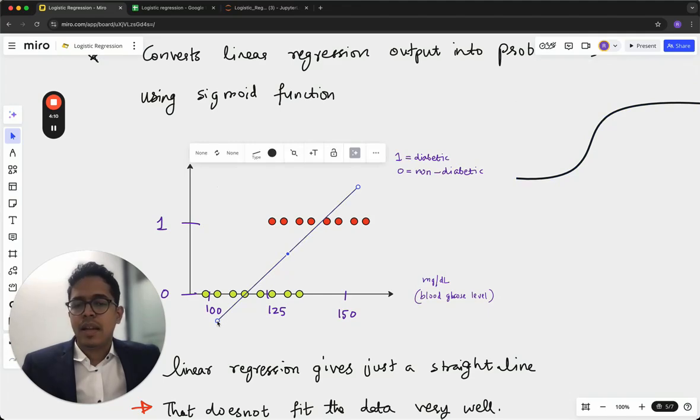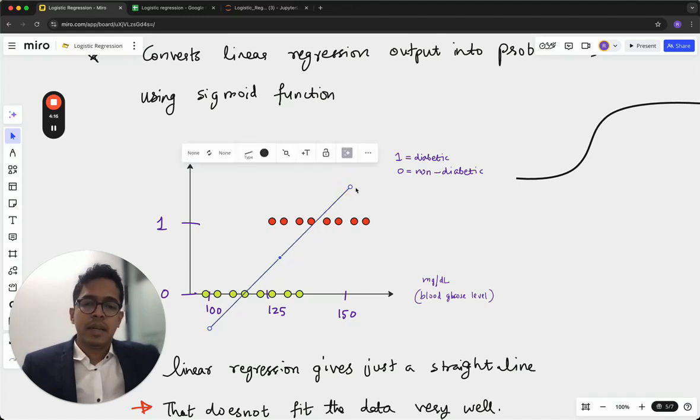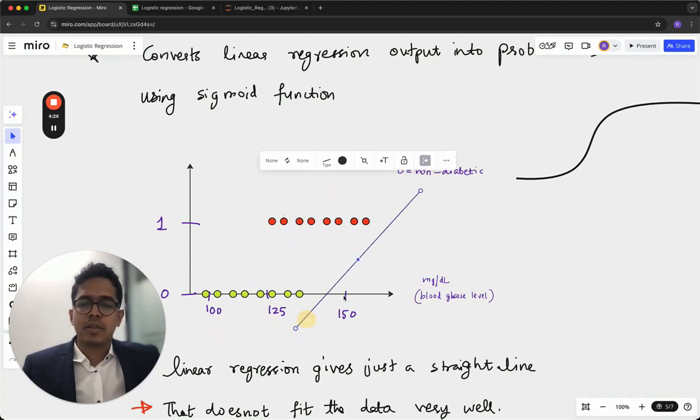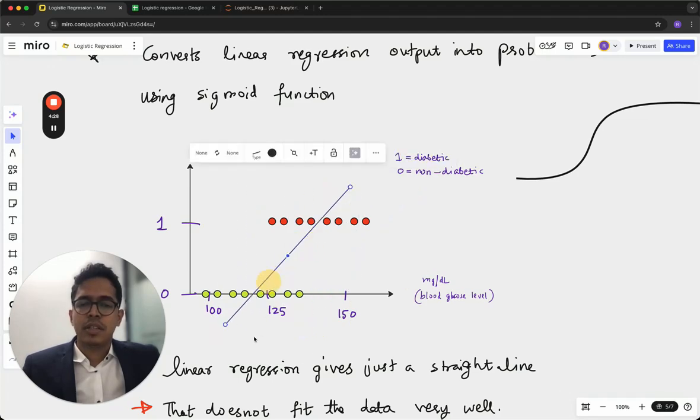And maybe the line that minimizes the mean squared error, which we have learned in the previous part of this course, MSE, is probably something like this. It won't be like this because then the line is far away from all these points. It also won't be like this because now it's far away from the green points. So probably the line will pass through the points in something like this fashion.